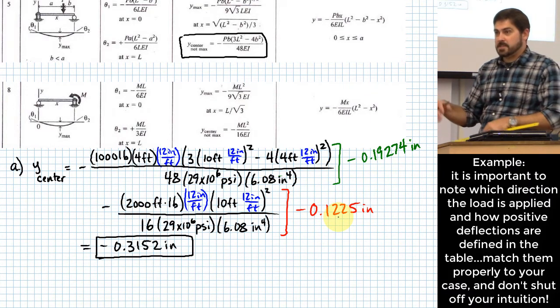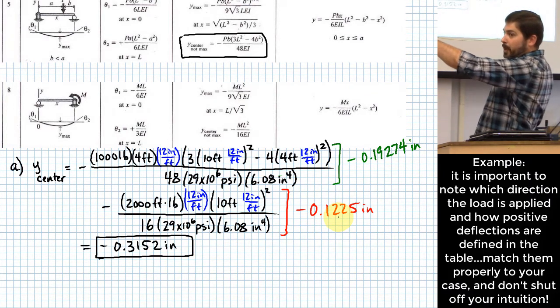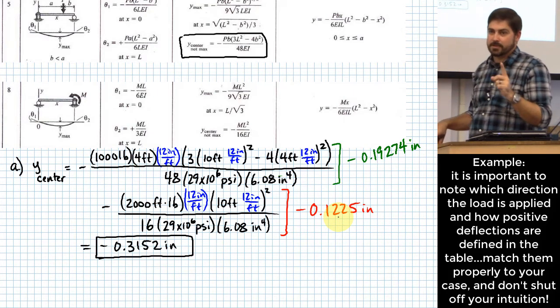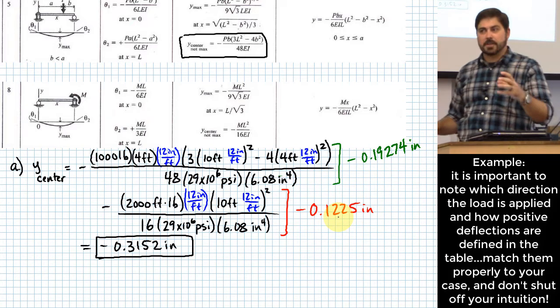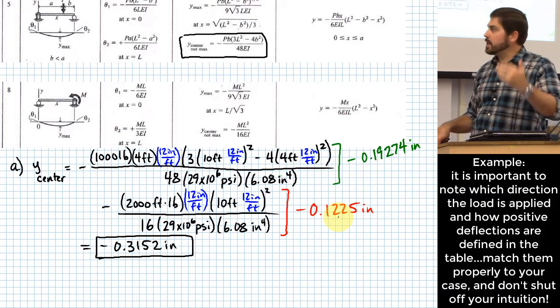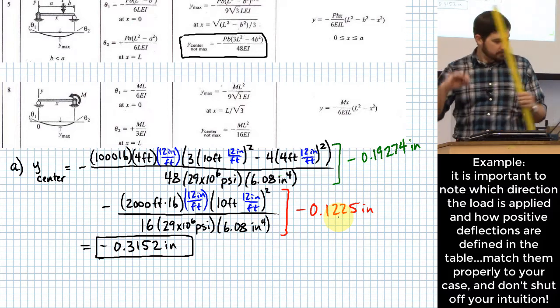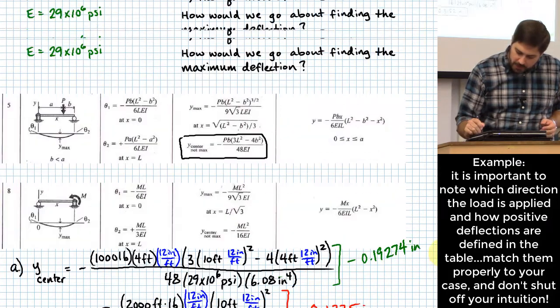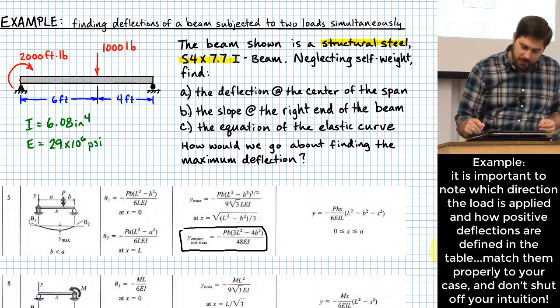Because that makes sense with the direction that that load was being applied. Okay? So my first piece of advice is don't shut off your intuition. Check those things and make sure that it goes the direction you thought it would have. Now, let's pretend you have no intuition. Okay? If you have no intuition, is there a way you still could have known that that was okay to do it that way?